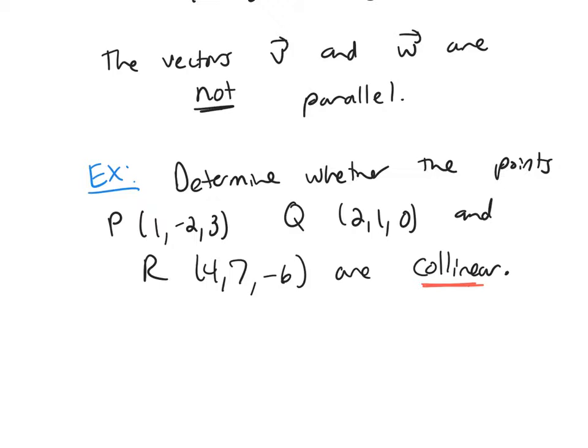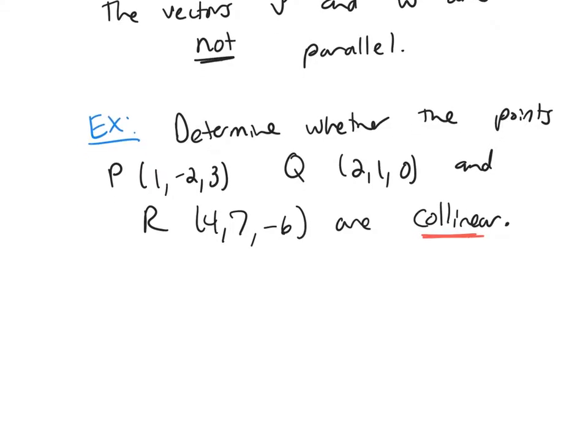So we're going to take these points and create some vectors, but some very specific ones. So let's look at PQ. So my initial point would be P and my terminal point would be Q. So let's write this down in component form. 2 minus 1, 1 minus a negative 2, 0 minus 3.